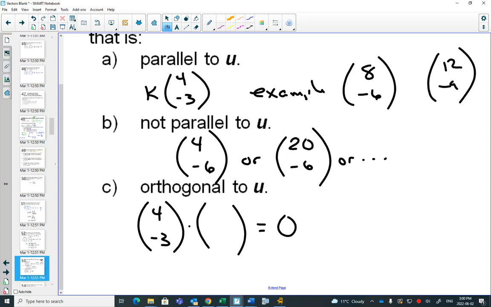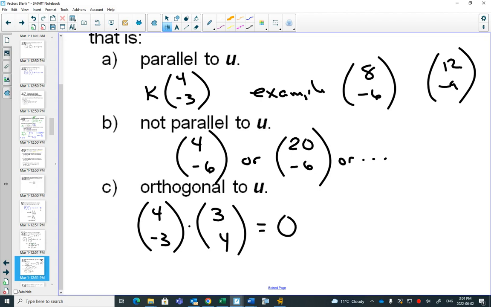Again, there's more than one right answer. 0 and 0 isn't actually a vector of any length. So although that's strategic and thoughtful, close. If I did -3 and 4, then I would get -12 and -12, and I get -24. 3 and 4 would work.